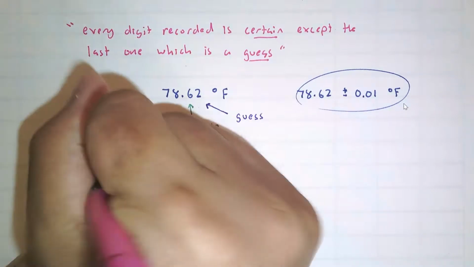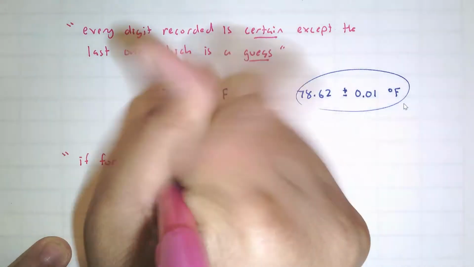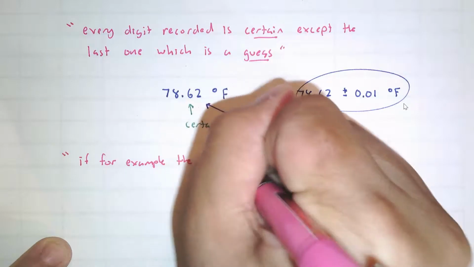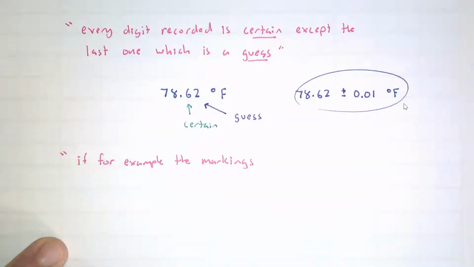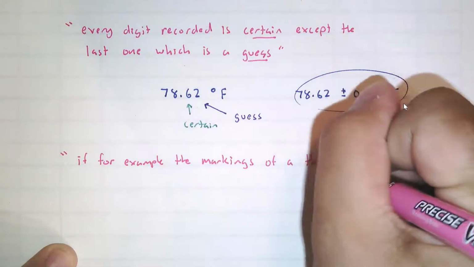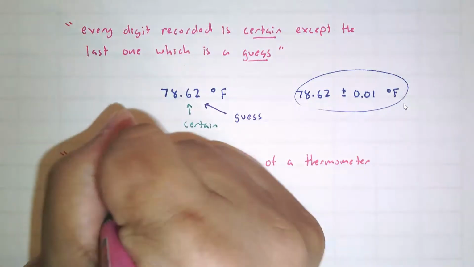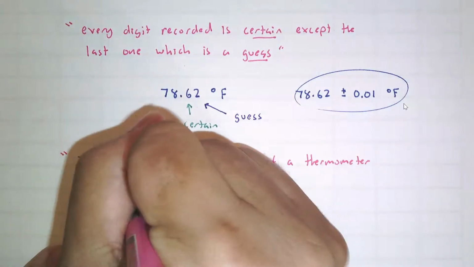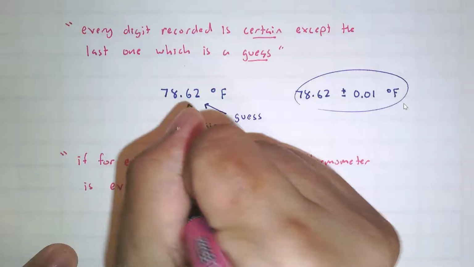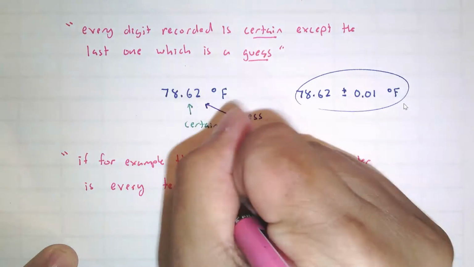If, for example, the markings, the little hash marks of a thermometer, is every tenth place, do you know where that is?